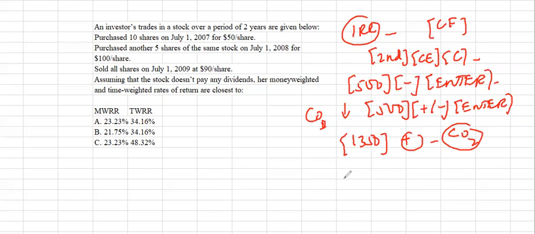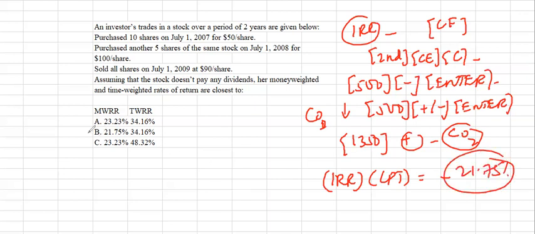And then finally, after putting all the cash flows, you would say IRR, CPT, that is compute, and you would get the value. So from the calculator, we are getting a value of 21.75. And so the only option that is left is B. I hope you guys have understood this.